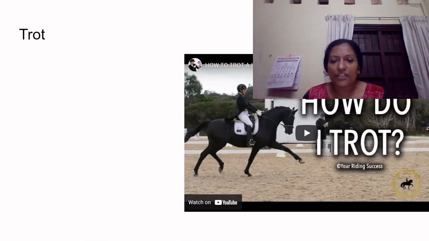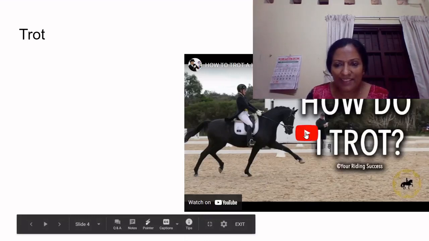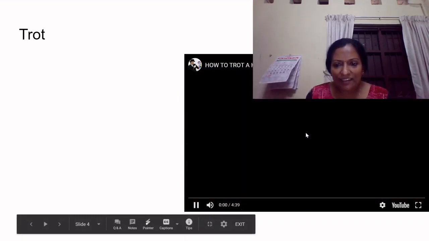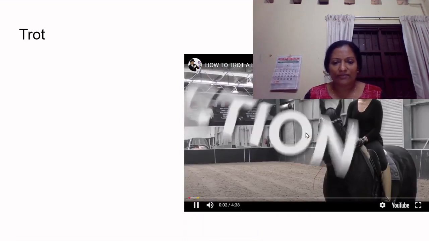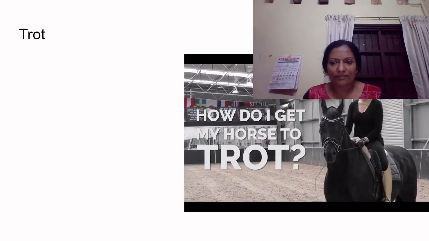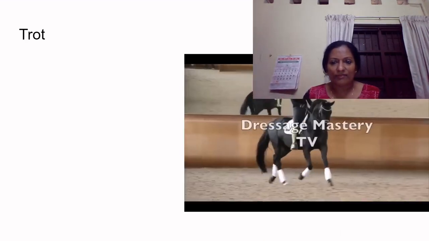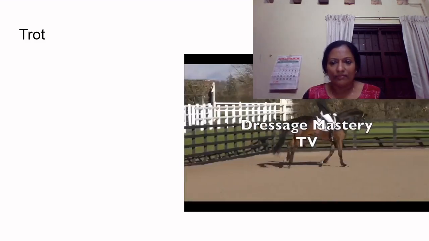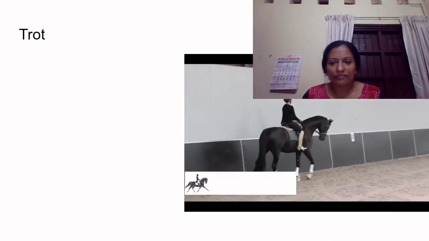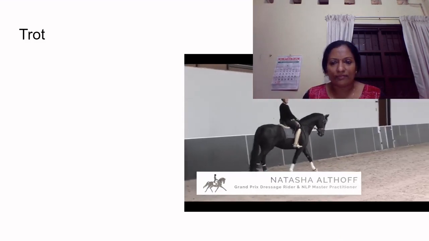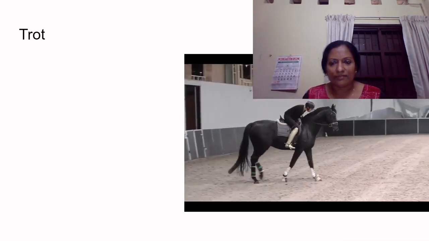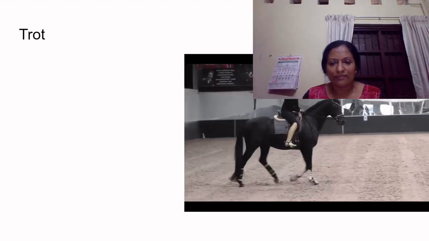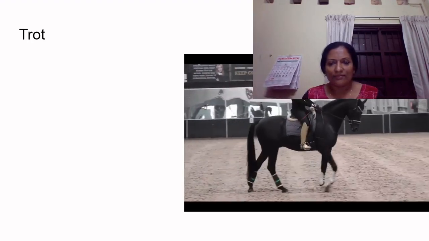Now, you have to see what a trot looks like. Today's question is, how do I get my horse to trot? Okay, so you're walking along and you'd like your horse to trot. What do? Do you just go, hey there, I'd like you to trot? Look at his face, he does not like that. He didn't trot.